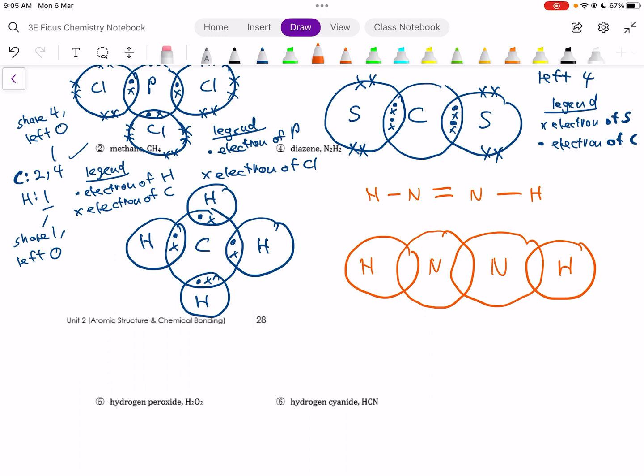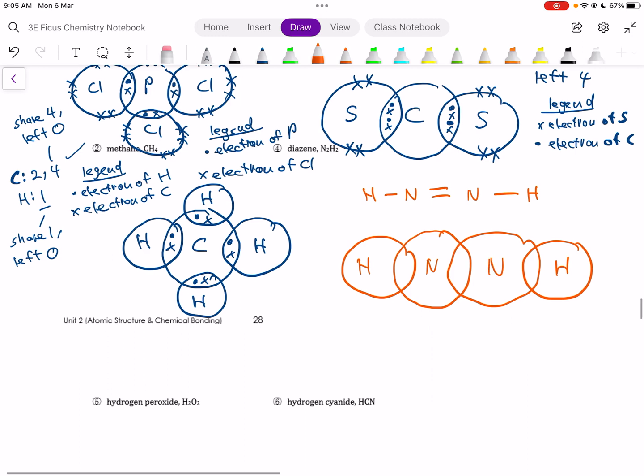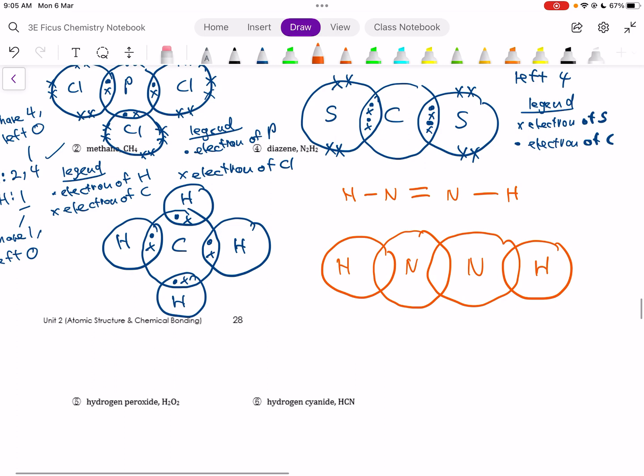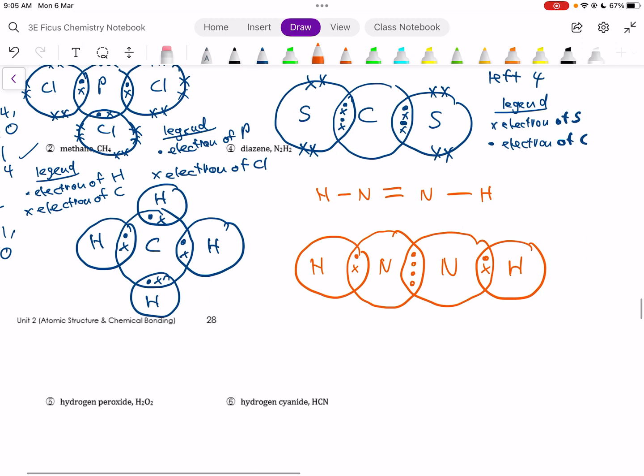So this one is the tougher one. What I will do is this: nitrogen, nitrogen, the same elements I use the same symbol. Your nitrogen we know is 2,5, so after you share 3 you're left with 2, so the remaining 2 you put outside.